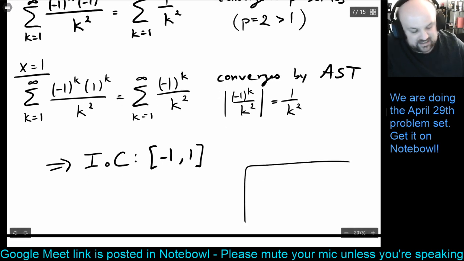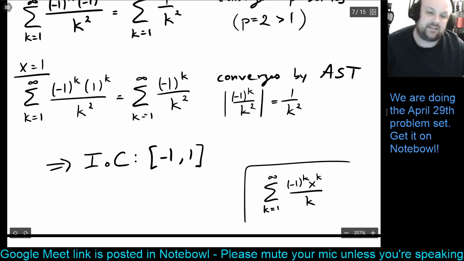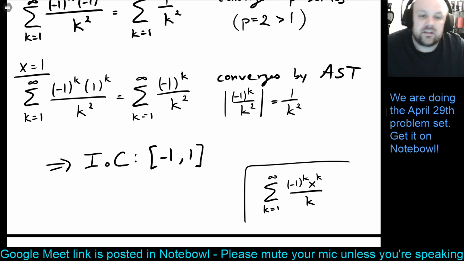In fact, an example of such a series would be -1 to the k, x to the k over k. This kind of thing converges on one side but not the other. That's because on one end it's an alternating harmonic series which converges. The other side it's just a harmonic series which diverges. So, kind of interesting.